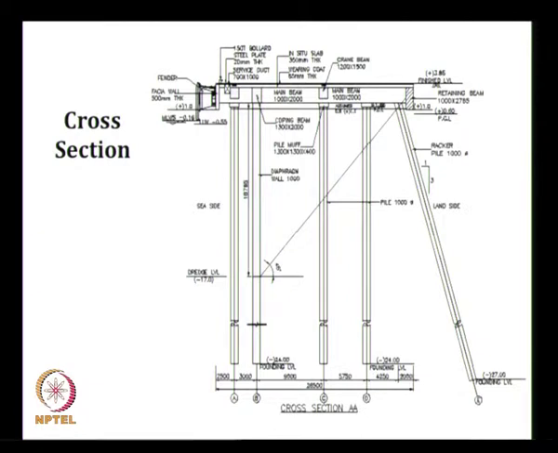So if the deformation at the top of the pile is the same, let us say the deformation is unity, to cause unit deformation here, here and here, what is the force required? Which needs more force? Pile A, B, pile A, pile C or pile D?